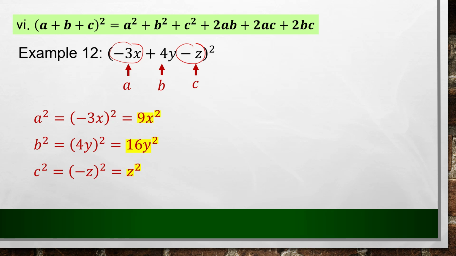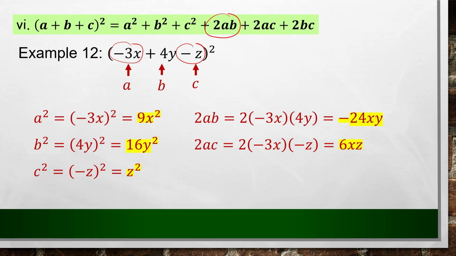And then for the 2ab, that's this. That's 2 times negative 3x, which is negative 6x, times 4y, which is negative 24xy. And then the ac, so that's negative 3x times negative z, which is positive 3xz, times 2, which is equal to 6xz.